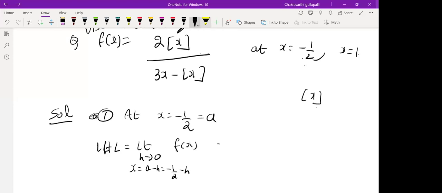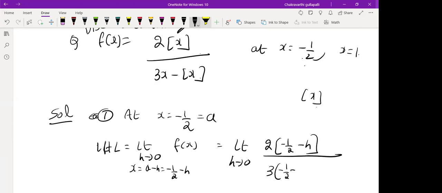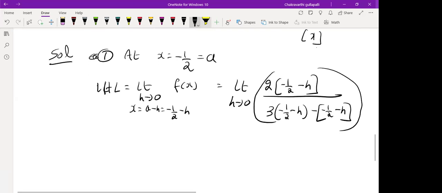Replace wherever x is there by minus 1 by 2 minus h: 2 box of minus 1 by 2 minus h divided by 3 into minus 1 by 2 minus h minus box of minus 1 by 2 minus h. So first simplify, then apply.